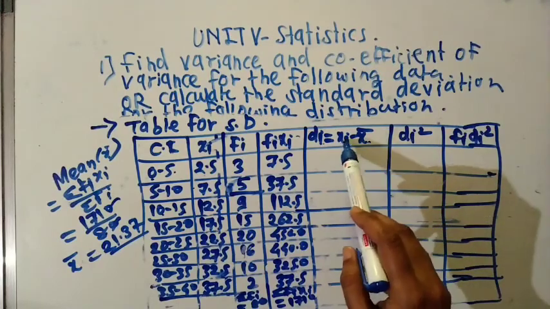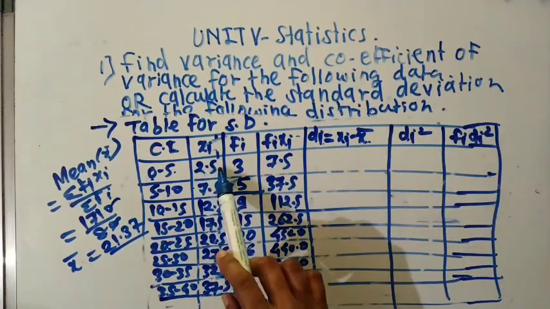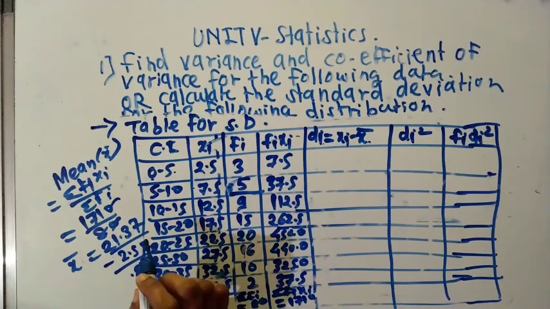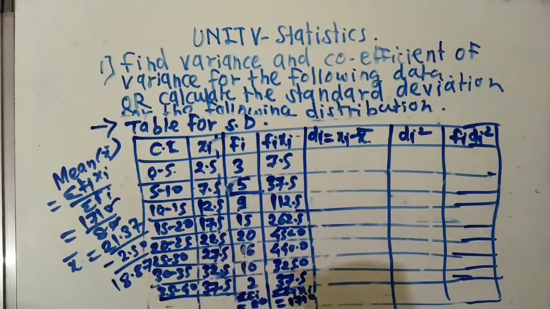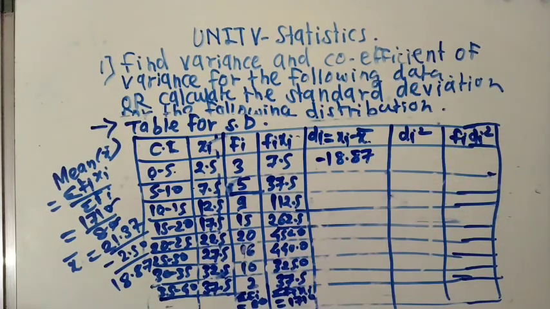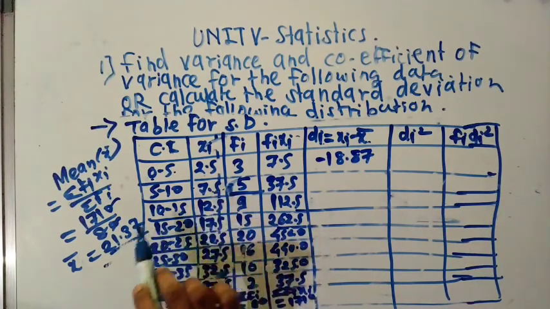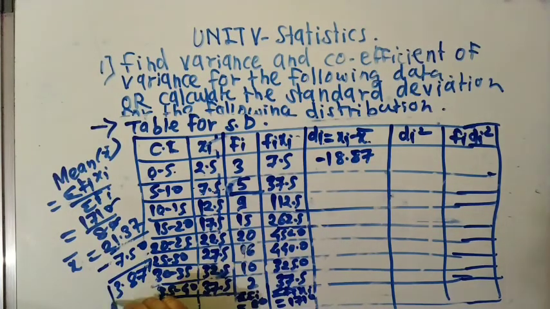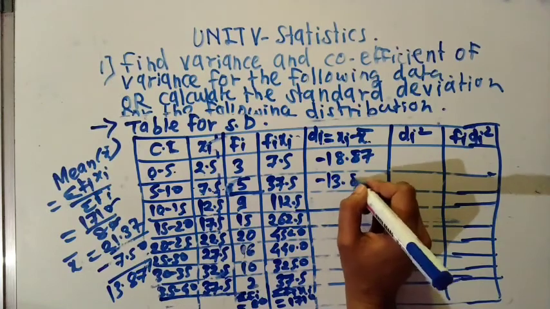Then find out xi minus x bar: 2.5 minus 21.37 is minus 18.87. Then 7.5 minus 21.37 is minus 13.87.